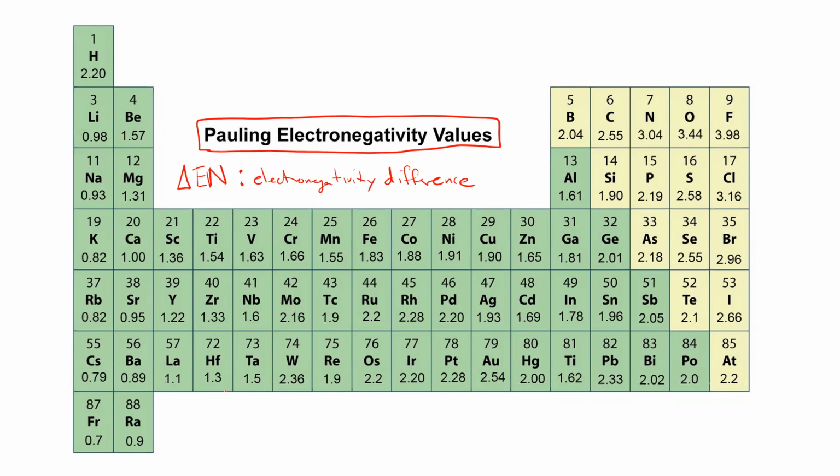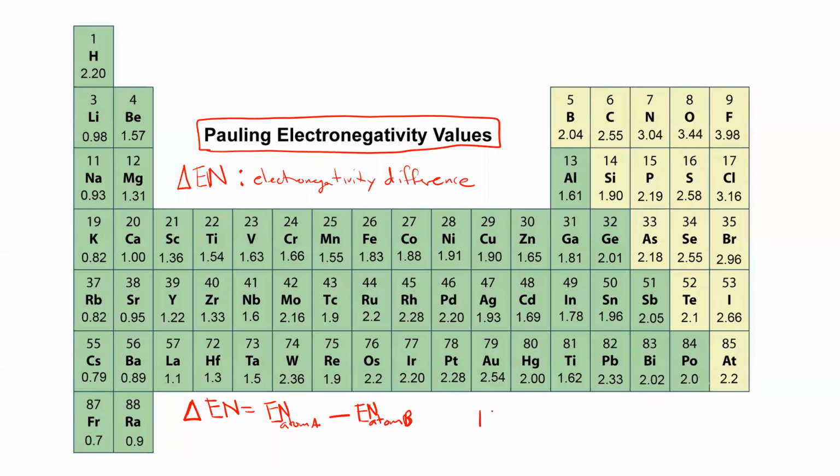And all that's going to be is essentially the electronegativity difference is going to equal the electronegativity of one atom minus the electronegativity of another atom in this bond. Oops, that should be EN, excuse me, I forgot my N's here.